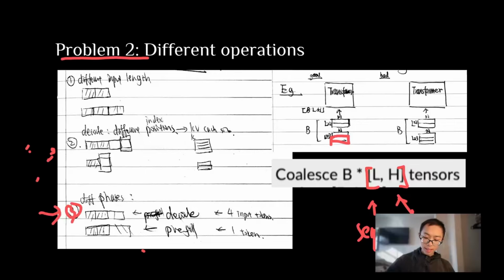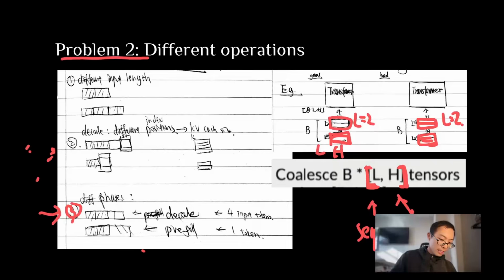Here, the horizontal one is H, the vertical is L. How many tokens are in the sequence? To form one batch, we need every element in this batch to have the same L and H shape. Here L is 2, the sequence length is 2. But if we have 2 requests with different sequence lengths, 2 and 3, then we can't group them together since we need uniform sequence lengths.